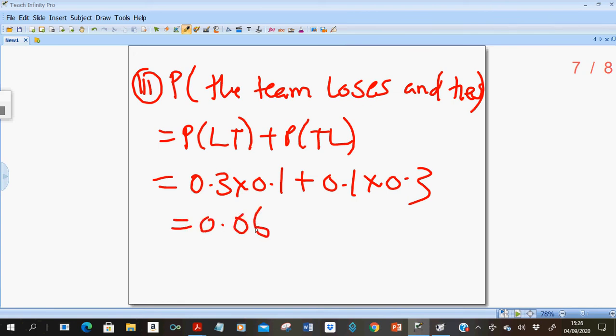Okay, so that's where we're going to end with decision trees. So we move to our next subtopic, which is posterior probability.